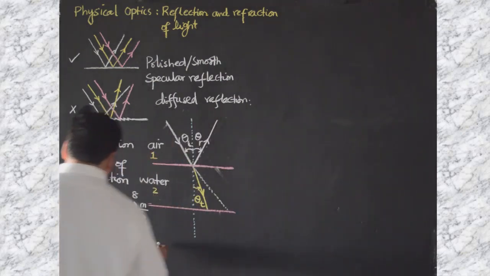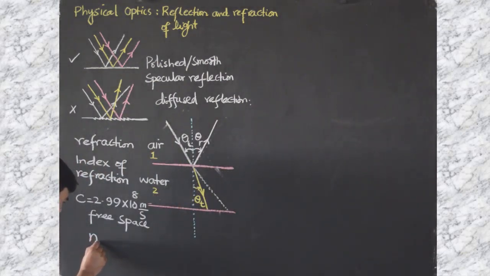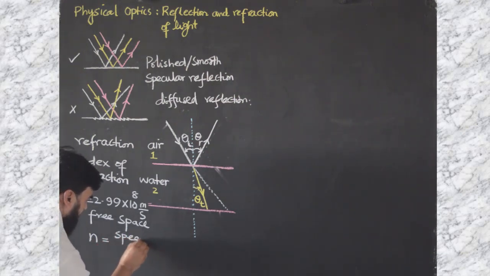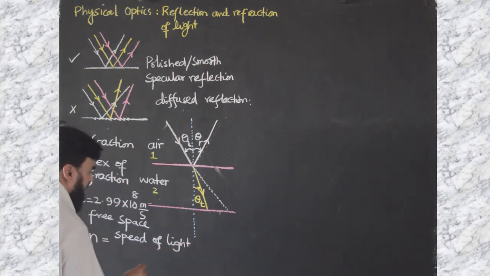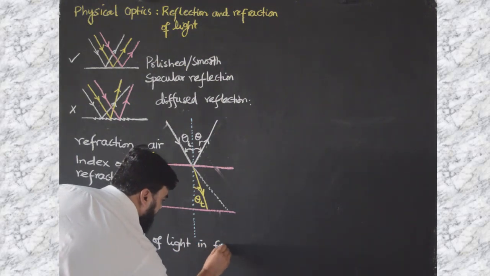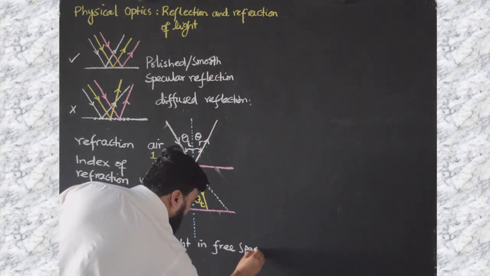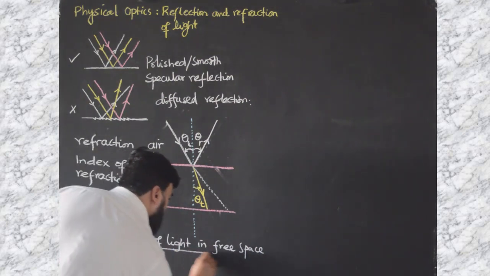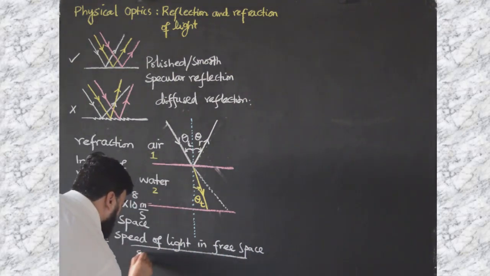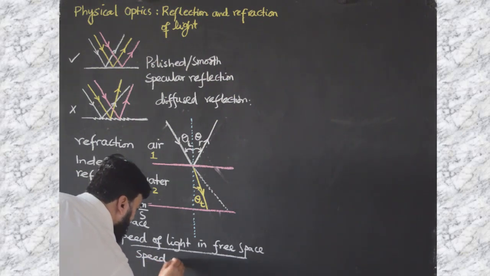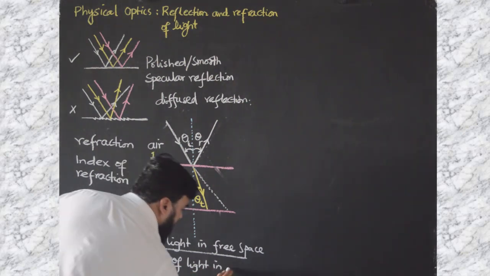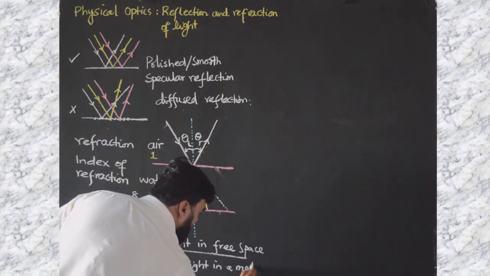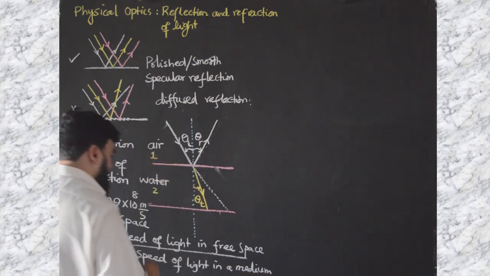So I can write that the index of refraction is the ratio of the speed of light in free space to the speed of light in a medium, any other medium except free space.